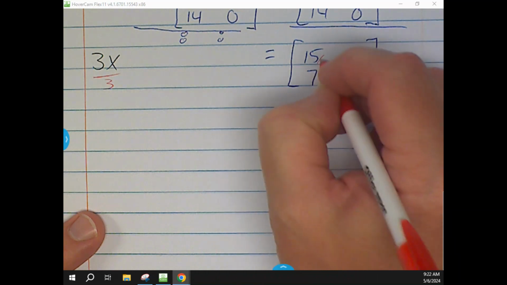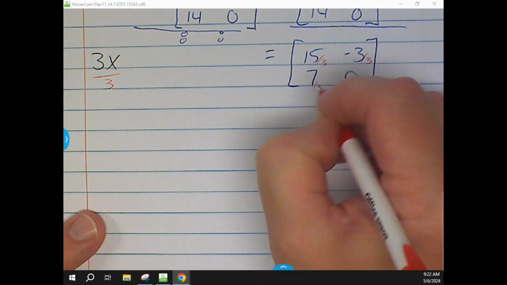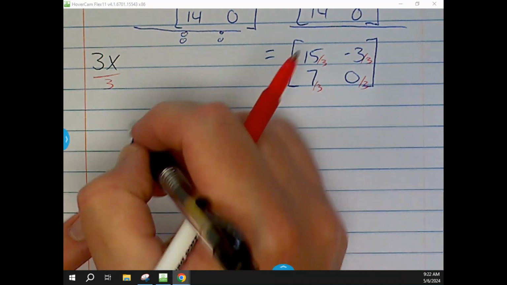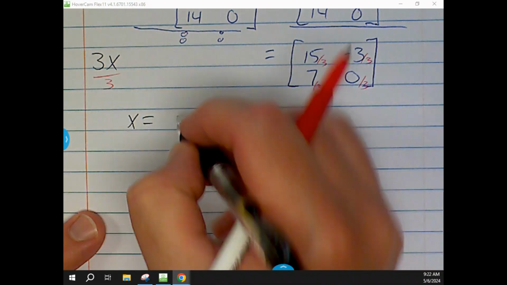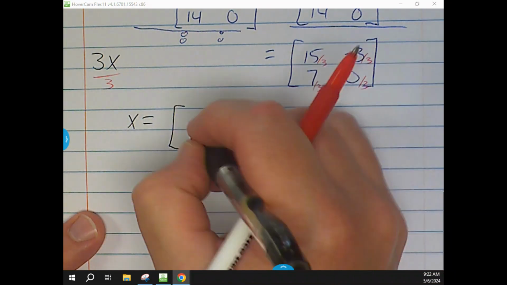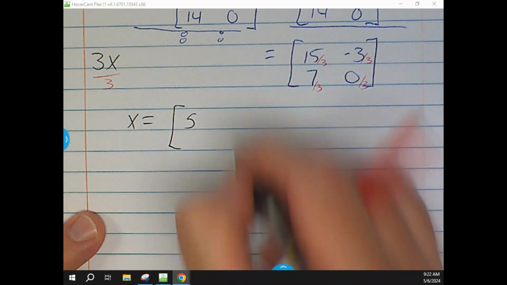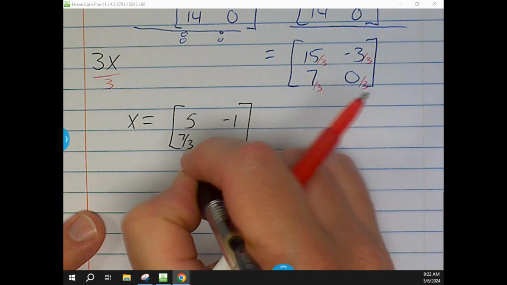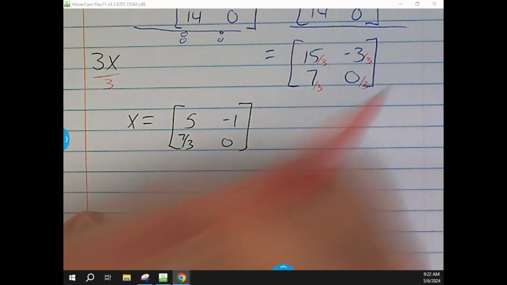We divide by 3, divide by 3, divide by 3, divide by 3. So finally we get that x equals 5, negative 1, 7/3, which is okay to leave that way, and 0.